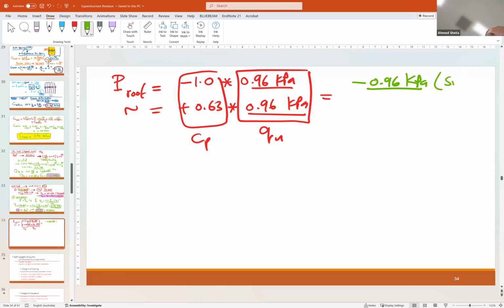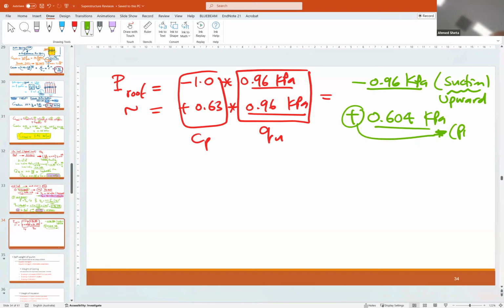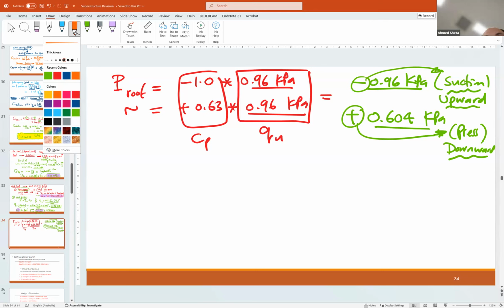Negative means suction or upward. The other one will be positive, which is 0.604 kPa. The positive sign means pressure or downward. Okay, so these are two values. So you need to have two values for the rafter in ultimate limit state case. So those are the pressures.